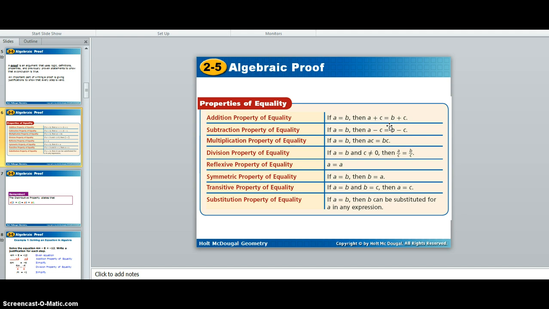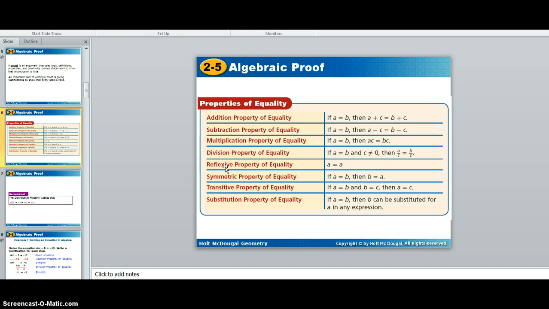For example, if you have the number 2 equal to the number 2 and you add 3 to both sides, you just get 5 on both sides. It seems silly, but you can also think of it in terms of line segments and other things, so it does work. You can add the same thing on both sides. Same idea with subtraction, multiplication, and division.